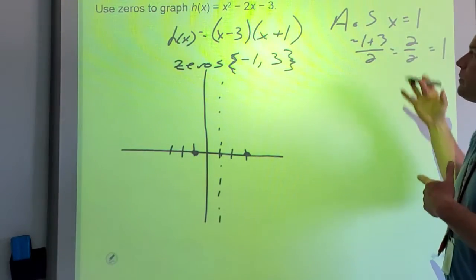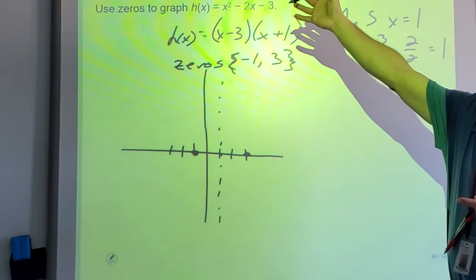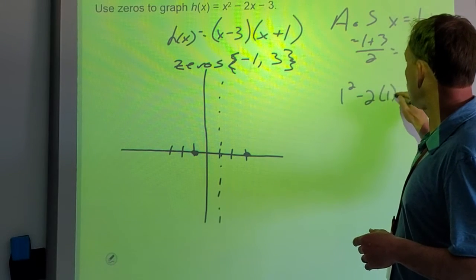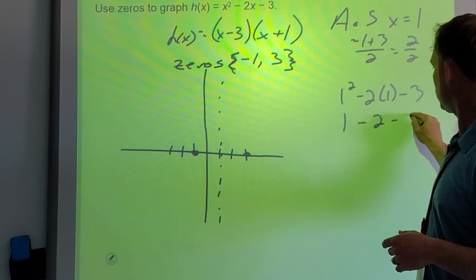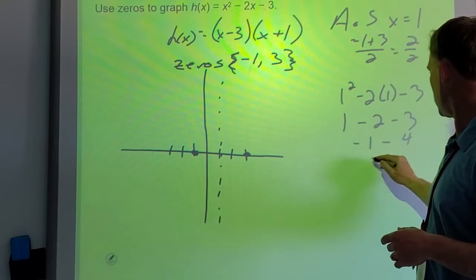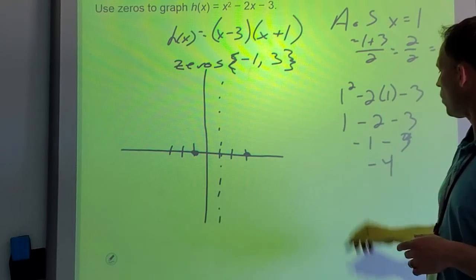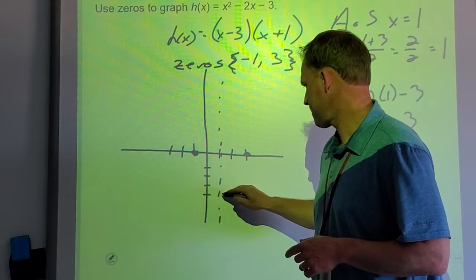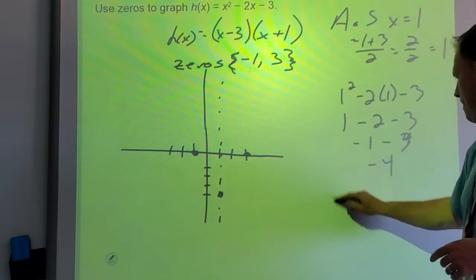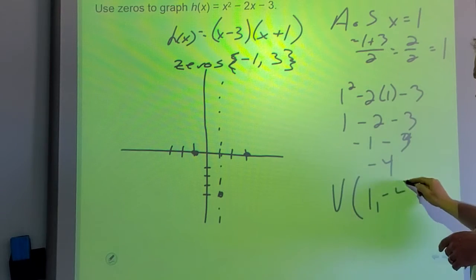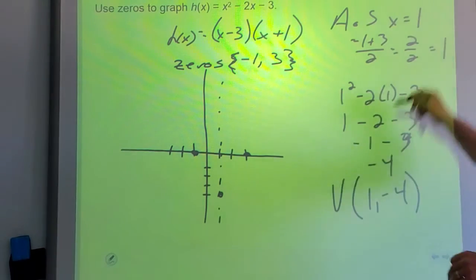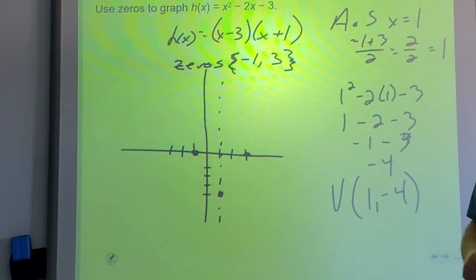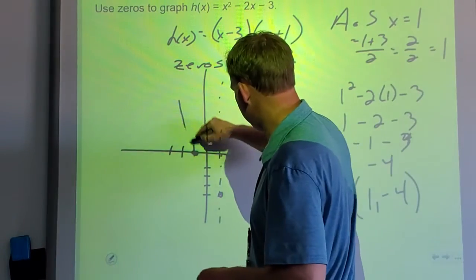Take your axis of symmetry, plug it back into the problem. So I've got 1 squared minus 2 times 1 minus 3, 1 minus 2 minus 3, -1 minus 3 is -4. So my vertex is 1, -4, the axis of symmetry, and the answer I got when I plugged in the axis of symmetry. So now I can graph.